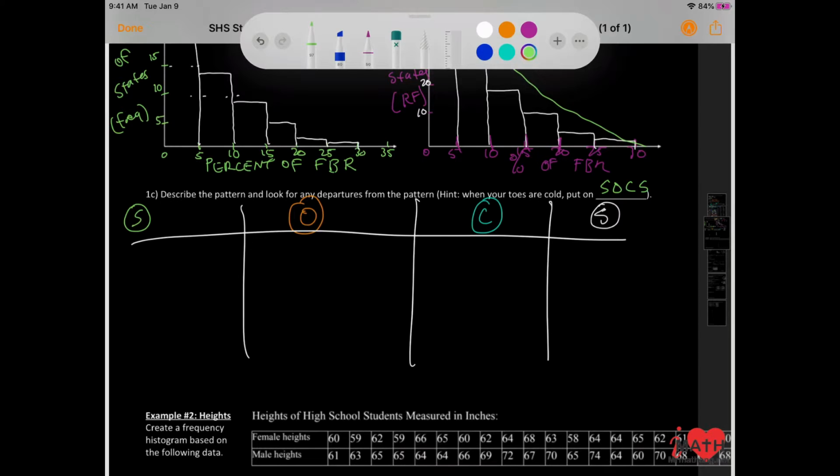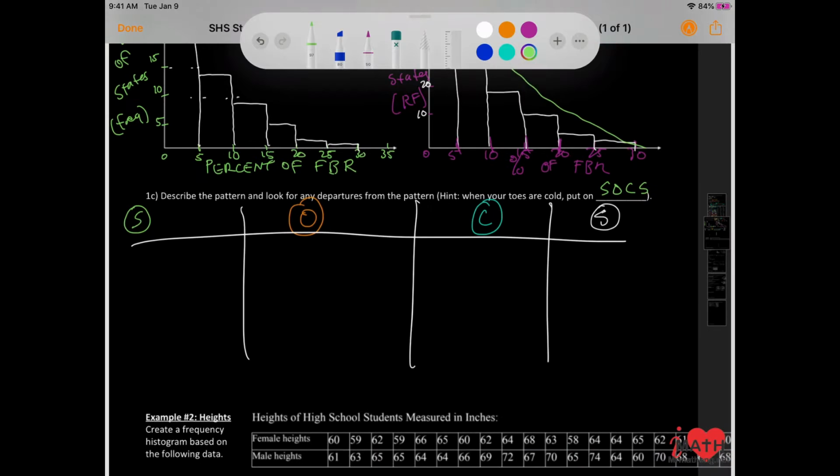All right, so you're looking at our histograms from above, and we're just looking at any patterns that we see. S stands for shape. What does our shape look like? Is it uniform and looks normal? No. All the data, you're going skiing going down this direction, so there is no data to the right. So this would be right skewed is one way you can describe this.